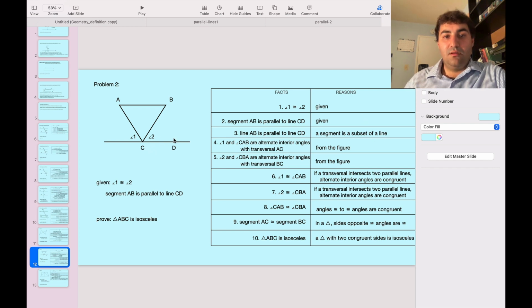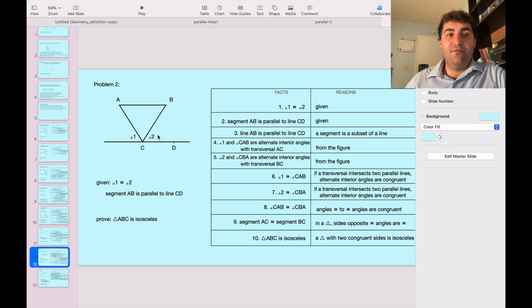So if we look at angle 1 and angle CAB, imagine we extend this line here. Well, these two angles are in the interior region between line CD and line AB, and if we consider transversal AC, these angles are on opposite sides of the transversal.